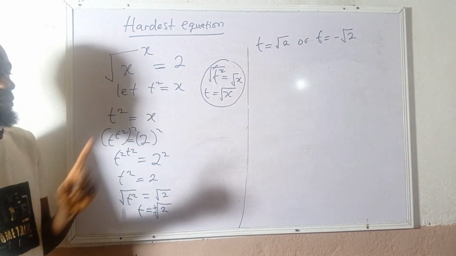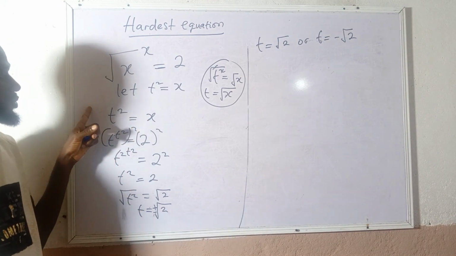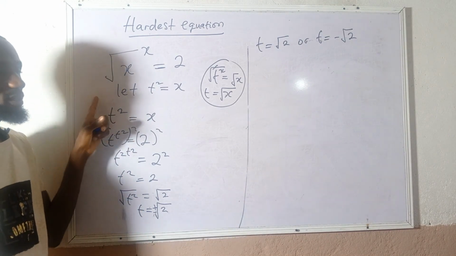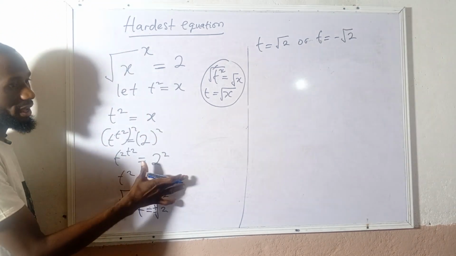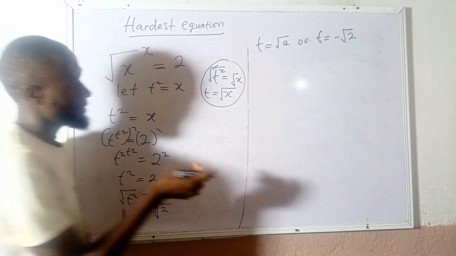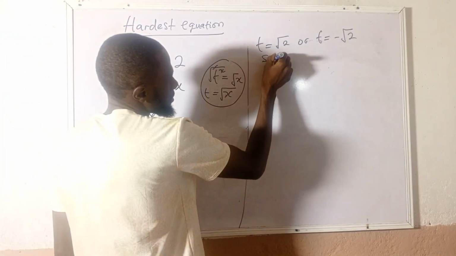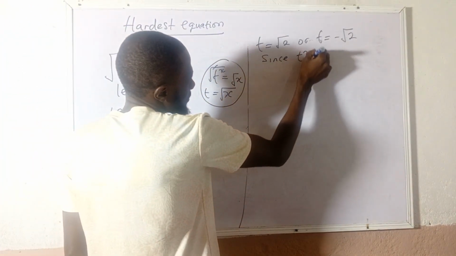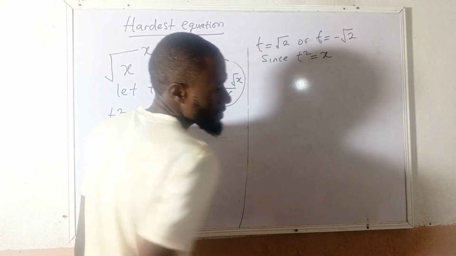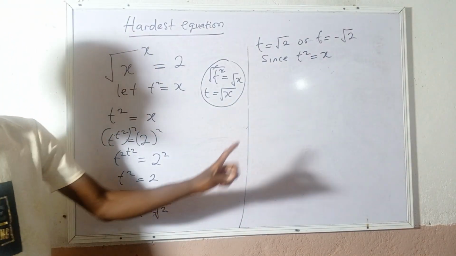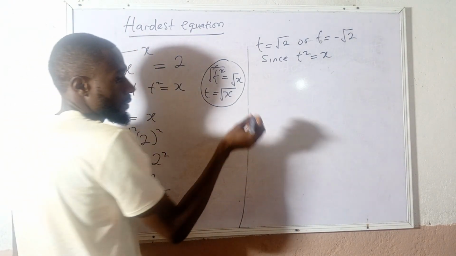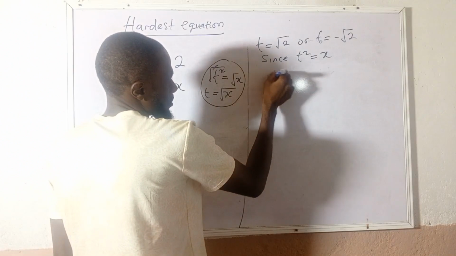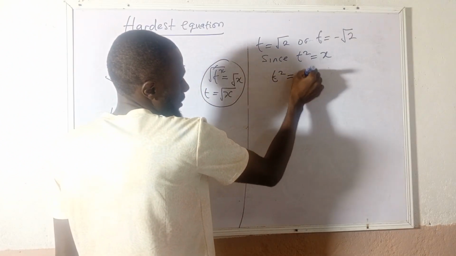Recall that we say t squared is equal to x. Since t squared is equal to x, we're going to have t squared is equal to x.